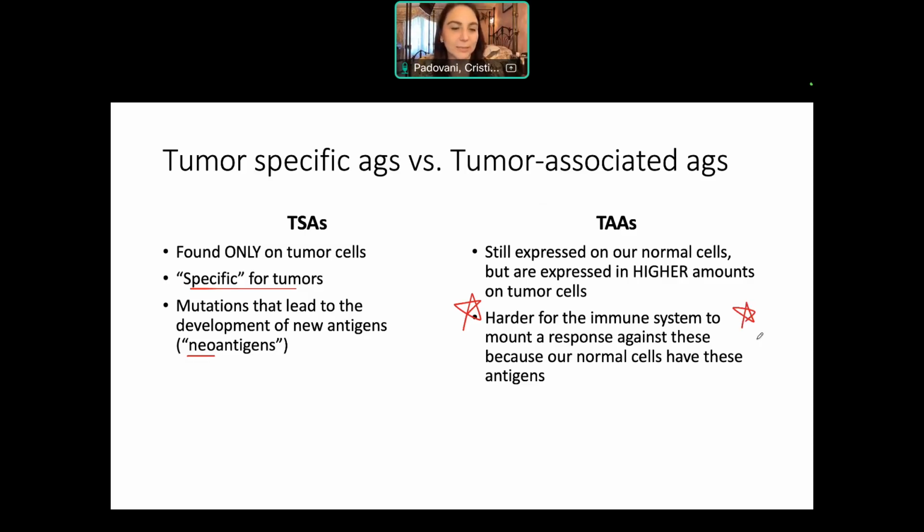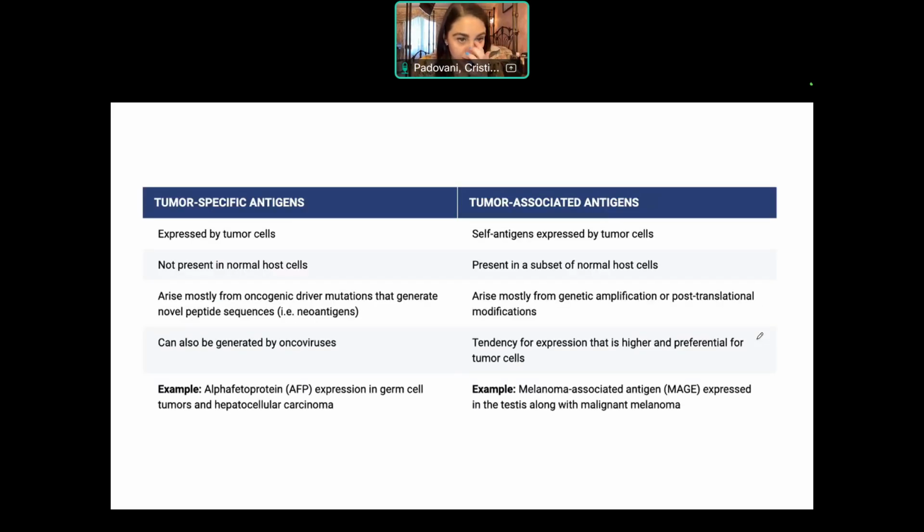So I don't really know. This is where a lot of the chemos come into play. We talked about tumor-specific examples like alpha-fetoprotein expression in germ cell tumors and hepatocellular carcinomas. AFP, alpha-fetoprotein, should only really be made by the fetus, when you're pregnant and the fetal system is being developed.